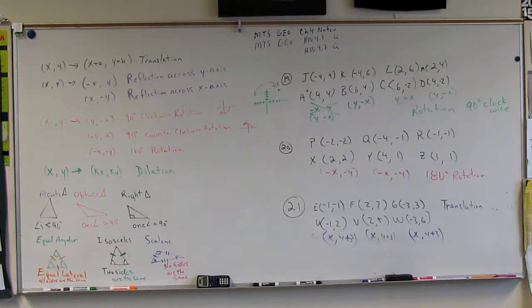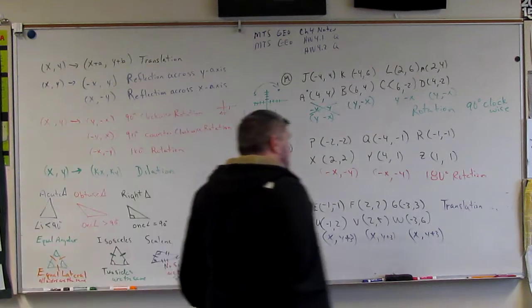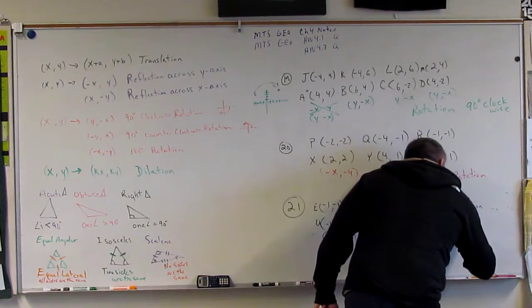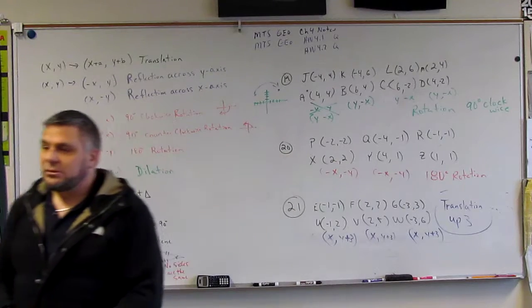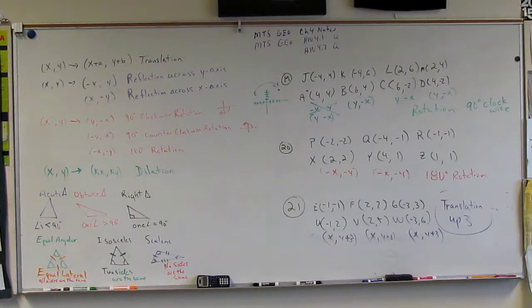So y is up or down, and we're adding 3, so that means it's going up 3. So we're going to say up 3, just to be more specific. Okay? So I want you to be very specific, especially on this state test. They might ask you, well, what is it doing? Oh, it's going up 3.